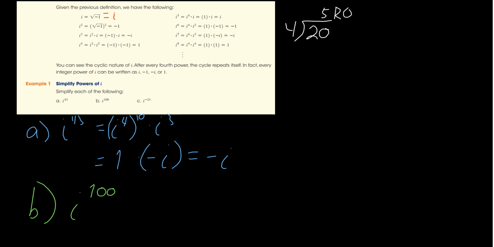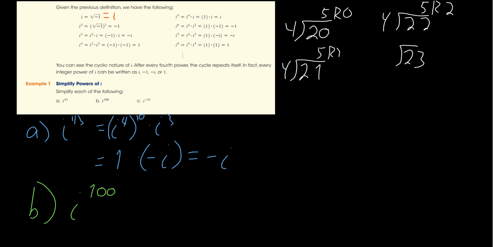Okay, so let's do 21 divided by 4. We'd say that's 5 remainder 1. Let's do 22: 5 remainder 2. 23 is 5 remainder 3. And then 24 goes nice and smooth in there. It goes into it 6 times.